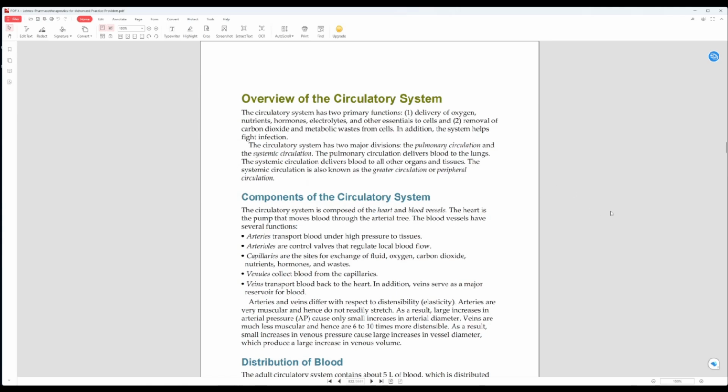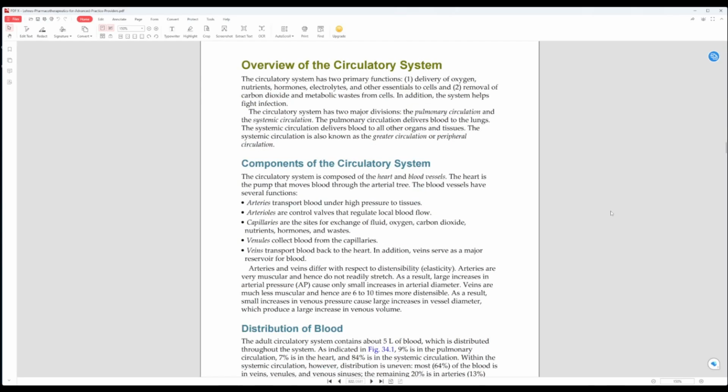So, the overview of the circulatory system. The circulatory system has two primary functions: delivery of oxygen, nutrients, hormones, electrolytes, and other essentials to cells, and the second being removal of carbon dioxide and metabolic wastes from the cells. In addition, the system helps fight infection.